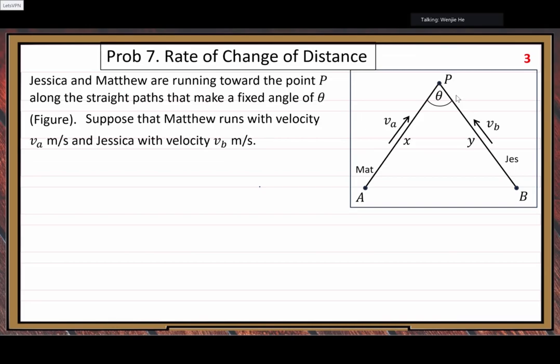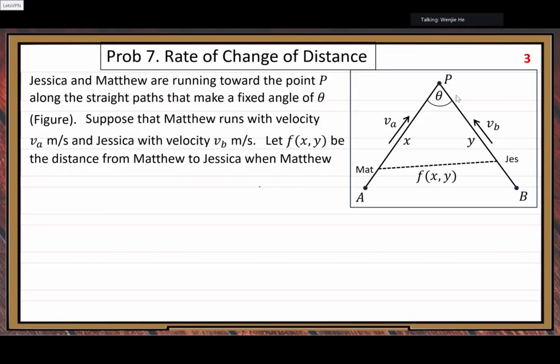VA and VB are functions of t, so usually not constants. Let f, a function of x and y, represent the distance between Matt and Jess when Matthew is x meters from P, and Jessica is y meters from P. That is the definition of this function.